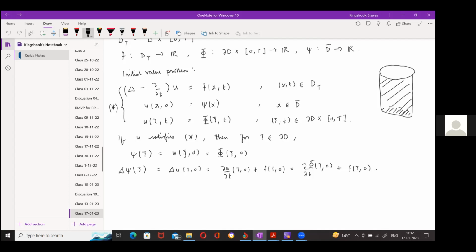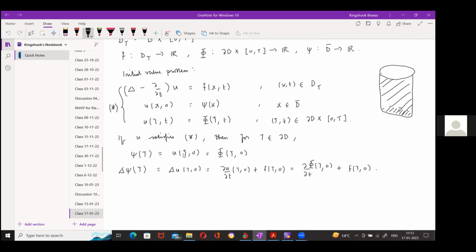Now there's another necessary condition. If I calculate the Laplacian of psi at a boundary point xi, then this is the same as the Laplacian of u at (xi, 0), because at time 0, psi is equal to u.